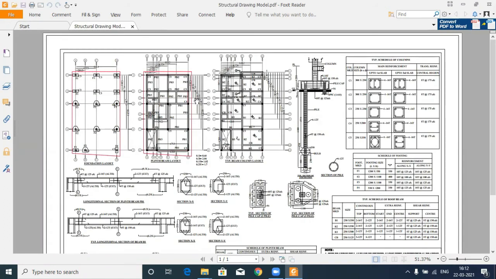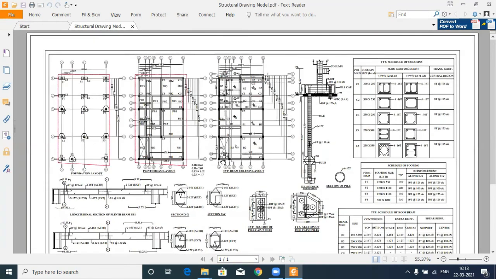So friends, this is the structural drawing of that plan. Here you can see this is the foundation layout of that plan and this is the plinth beam layout of that plan, and here is the roof beam layout.